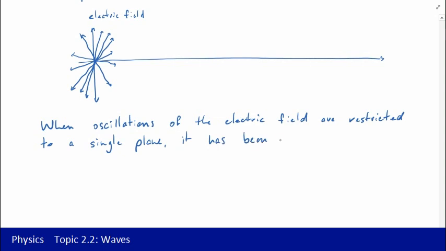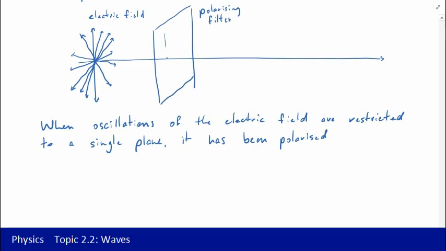And if we look at the example above, if we were to place a polarizing filter here, we'll have a look at some polarizing filters in class. Basically, a polarizing filter has a single plane. So just to represent it here, let's imagine that this polarizing filter has a vertical plane.